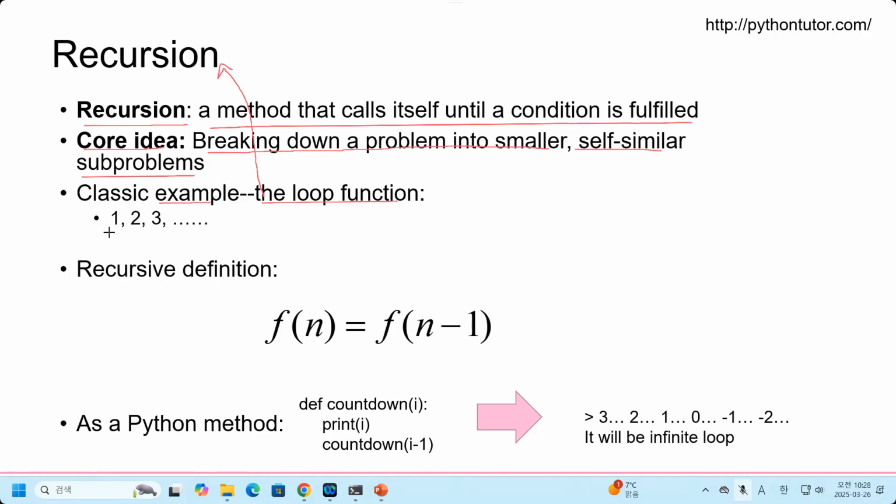I want to print from 1 until 10, and we will just do it with a for loop. For i in range 1 until 11. Do you know why 11? If I want to print from 1 until 10, it means I will write the code for i in range 1 colon 11.